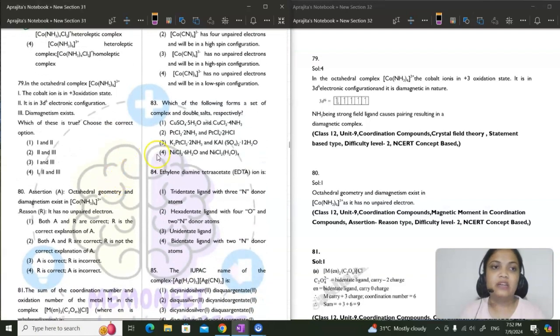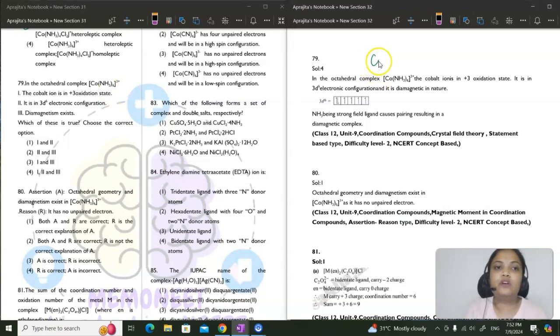Question number 79, students, in the octahedral complex given to you, cobalt is in +3 oxidation state. This is true because if I find the oxidation state of cobalt, X plus 0 is equal to 3, so X is equal to 3 because for ammonia the charge is 0. It is in 3d6 configuration.